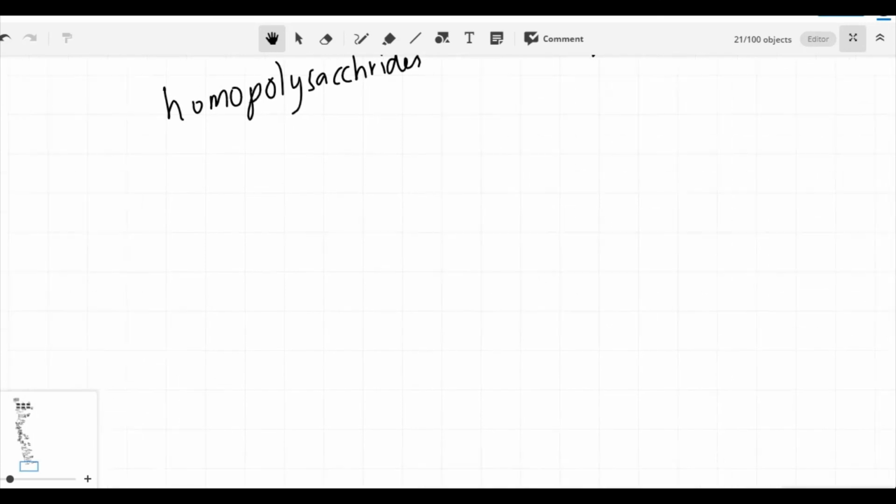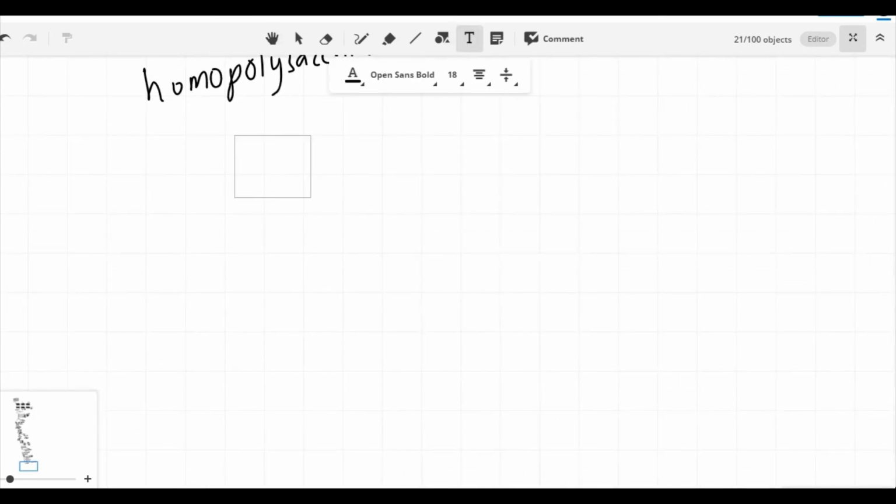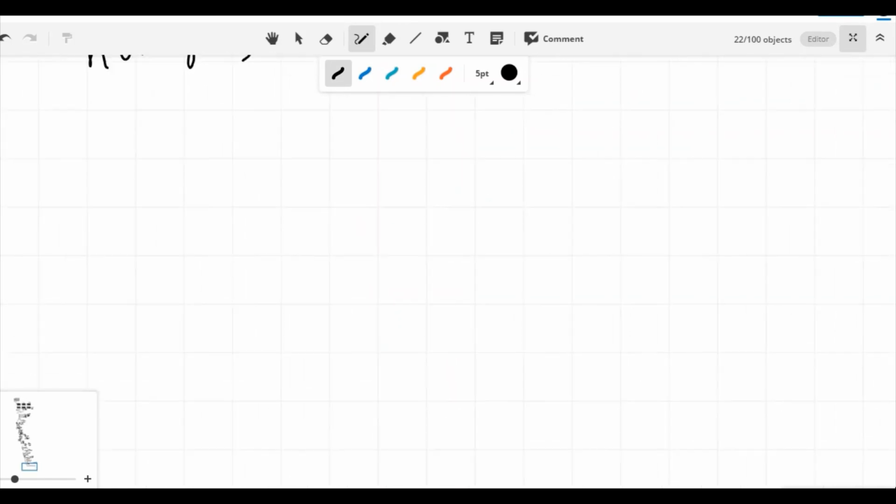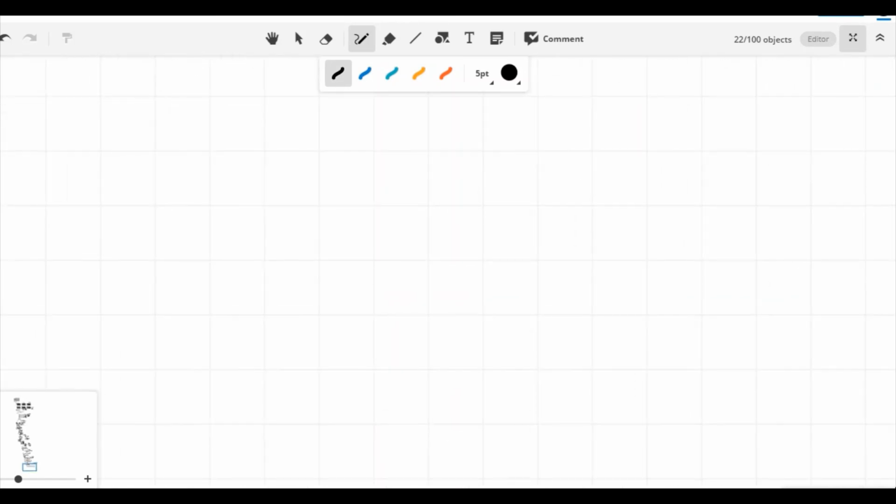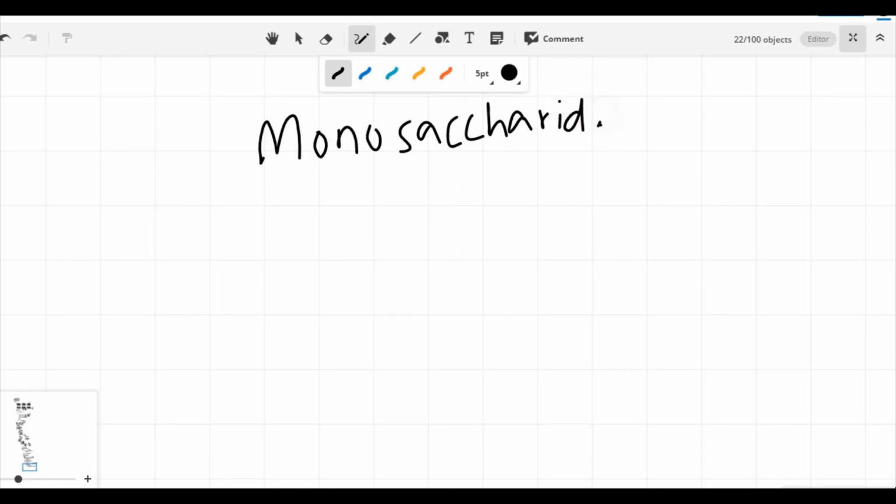And the next topic, a very important topic, is monosaccharides. I'm going to show you monosaccharides in terms of structural aspects.